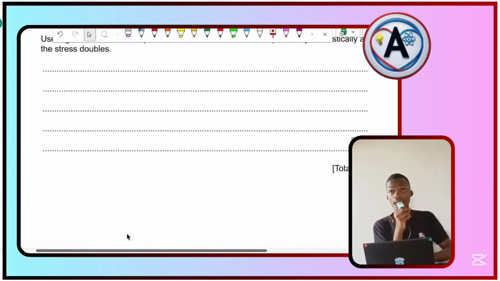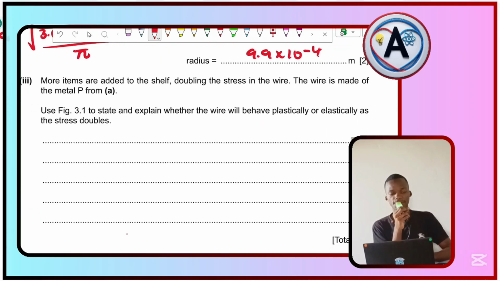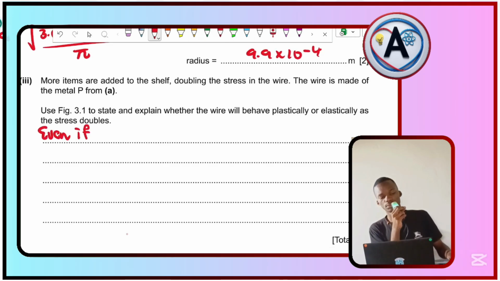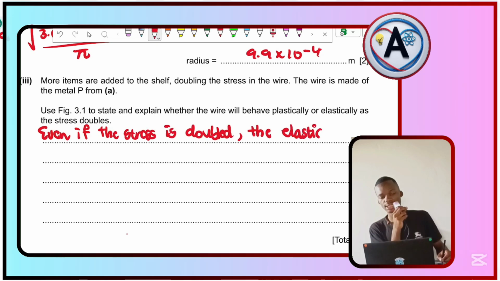So what I'm getting from all of this is essentially, even if the stress is doubled, the elastic limit is not reached.